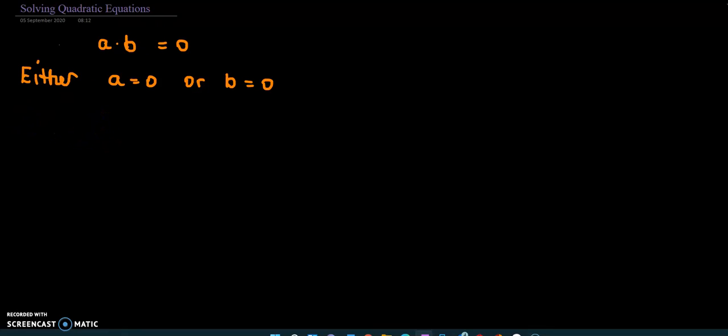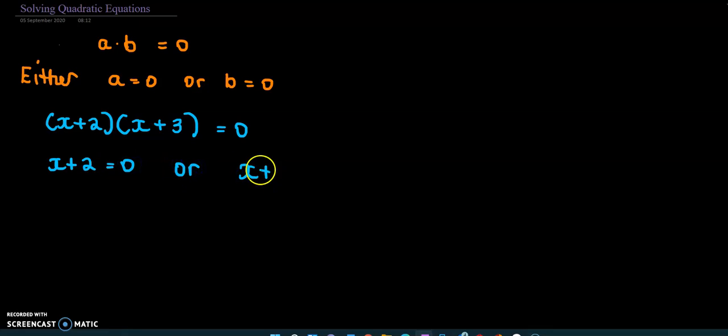So for example, let's say we have x plus 2 multiplied by x plus 3 is equal to 0. So either x plus 2 is equal to 0 or x plus 3 is equal to 0.